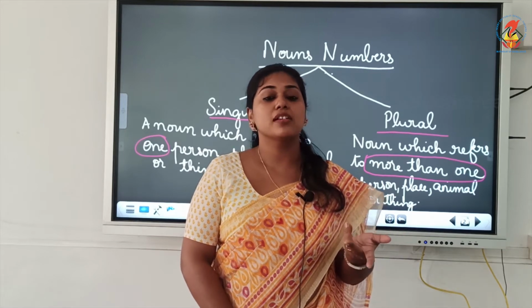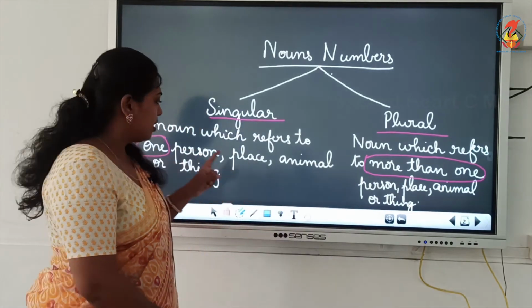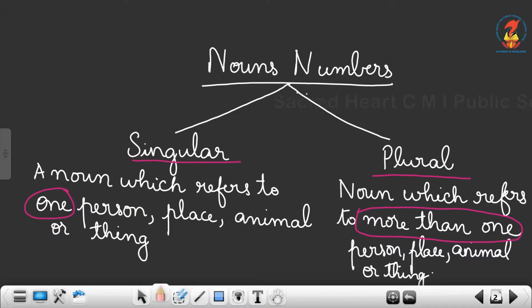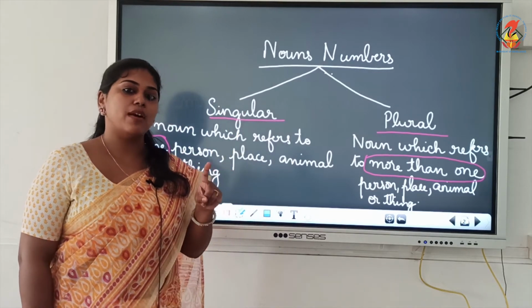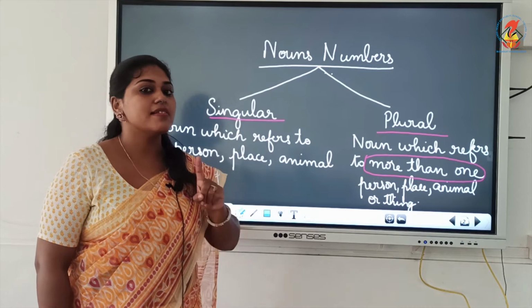What do you mean by singular, children? Yes, the noun which refers to one person, place, animal or thing. If the noun is only one in number, then you have to say it as singular noun.